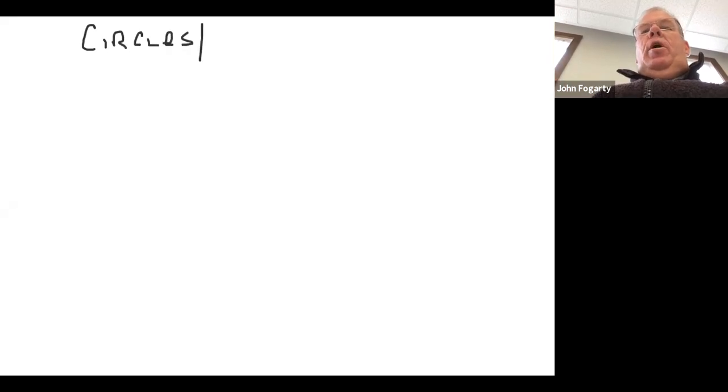All righty, good. So what I'm going to do is teach on this, and you're going to see as I write on it, so you'll actually see it better than what you saw on the board, right? We're going to talk about circles and circumference.